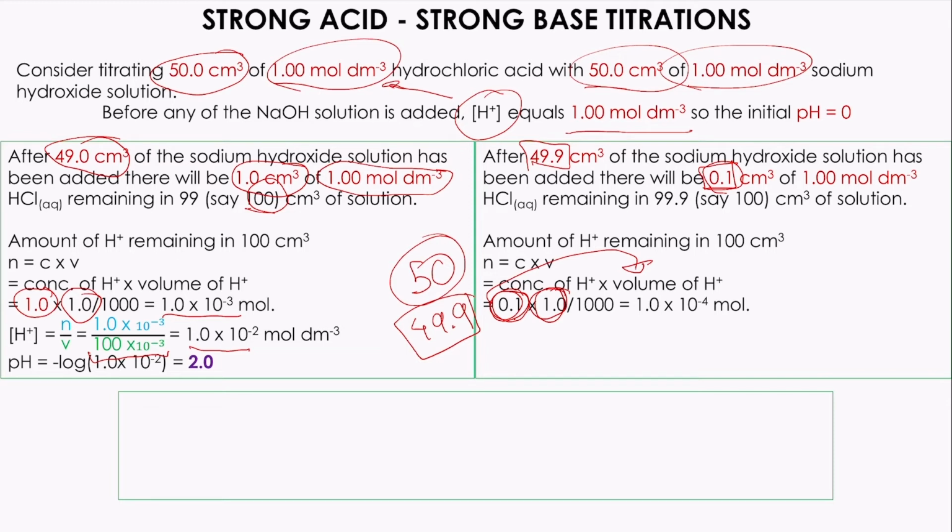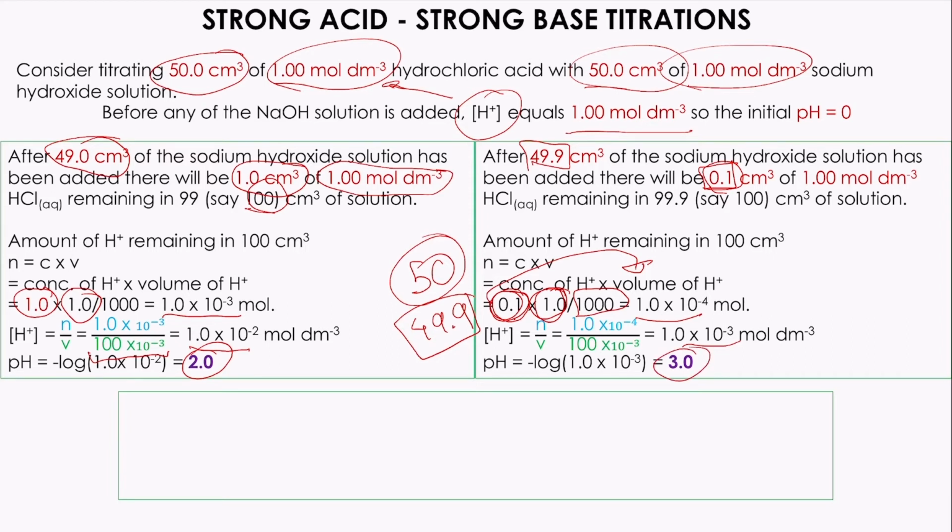And we have here 1 all over 1000, because we would like to have the volume in cubic decimeter. So this is the number of moles. Then the concentration will be N over V. Then we'll get this concentration, and the pH is 3. So we can observe the pH change from adding 49 sodium hydroxide to 49.9.